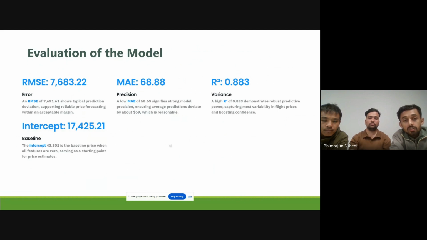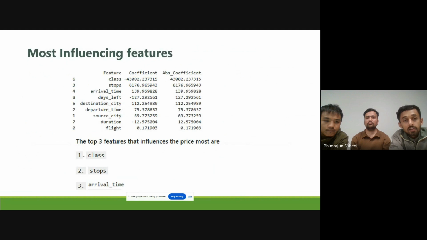The mean absolute error is 68.88, which means predicted prices deviate by about 68 in amount. The RMSE is high, at 7683. We will verify these values by applying other models such as ridge regression and lasso regression with k-fold cross validation, and evaluate all the metrics for those models as well.